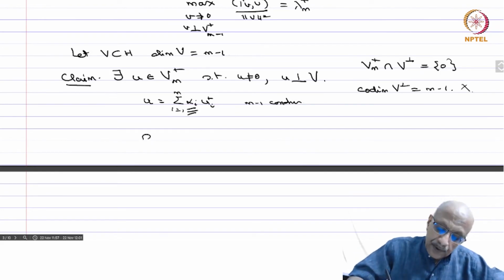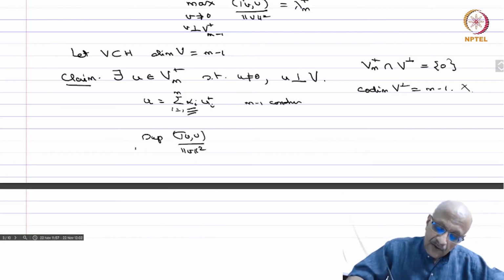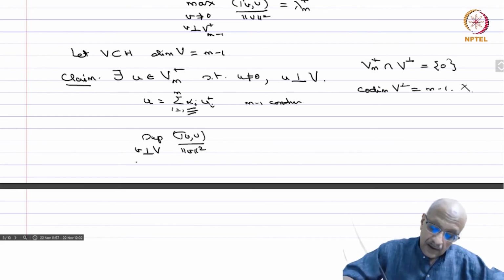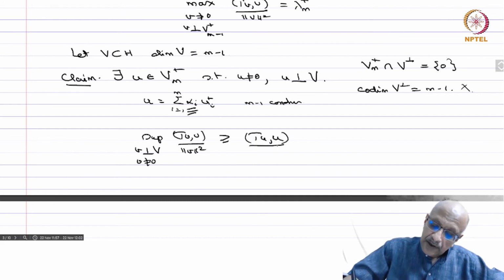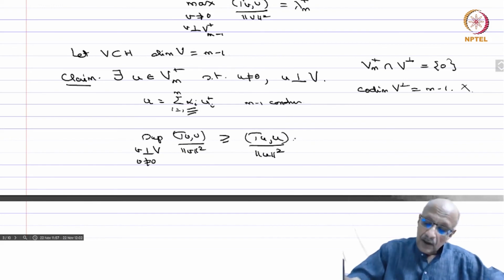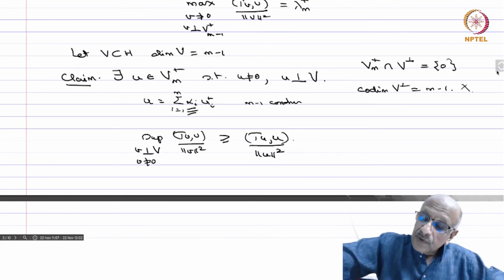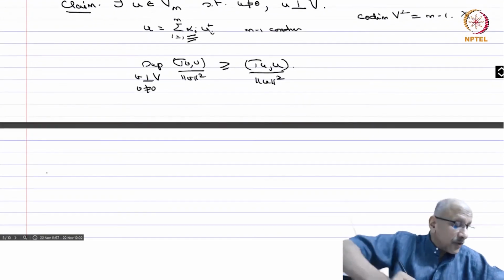Therefore sup of T v v by norm v square, v orthogonal to capital V, v not equal to 0, is greater than or equal to T u u by norm u square. So let us compute this T u u by norm u square.